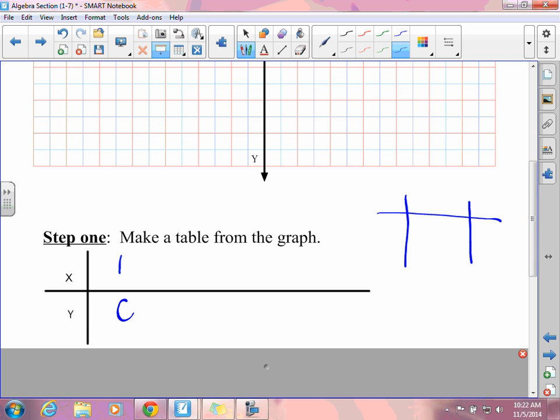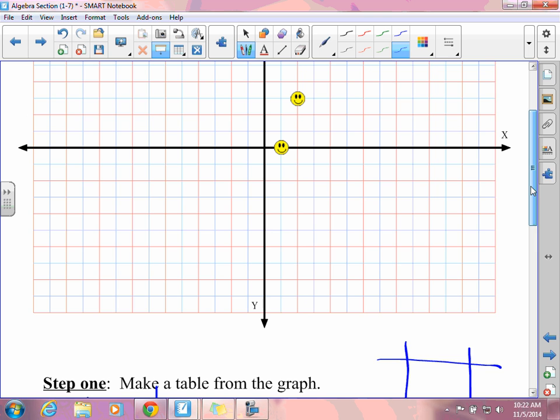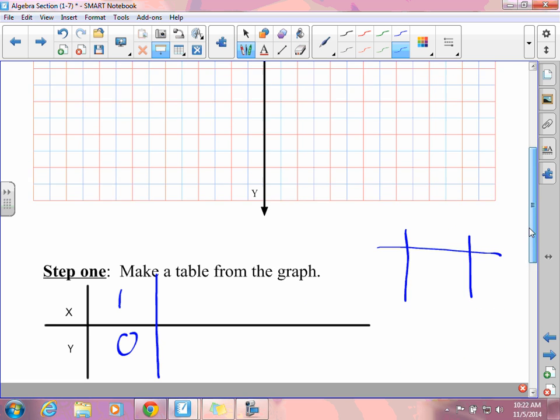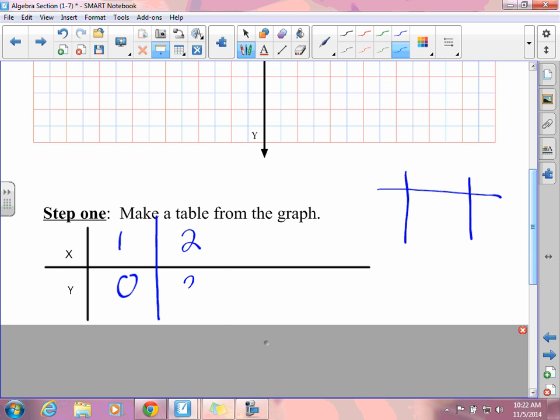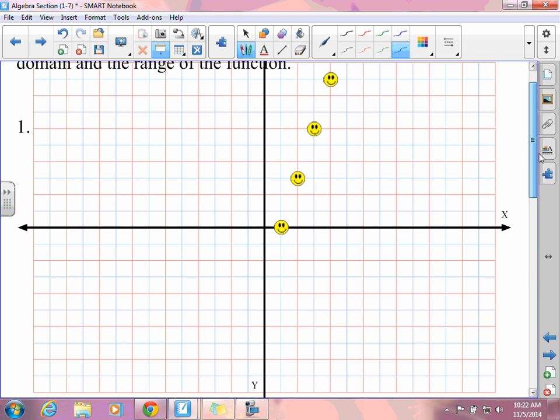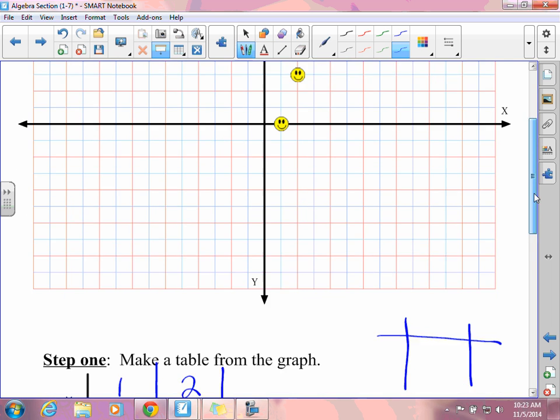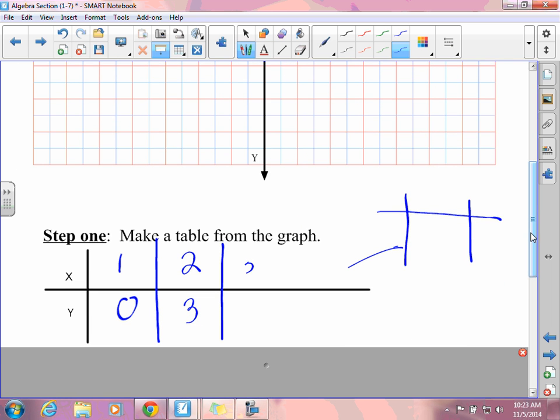The next ordered pair is 2, 3. The next ordered pair would be 3, 6. And the last one, 4, 9.